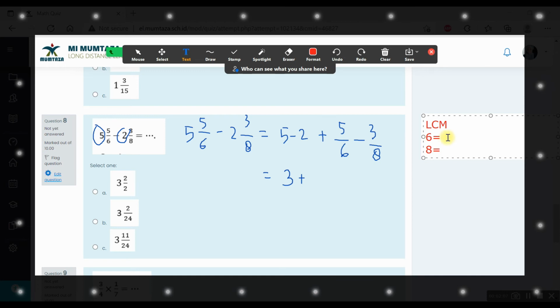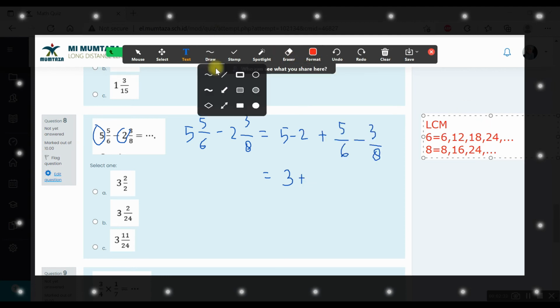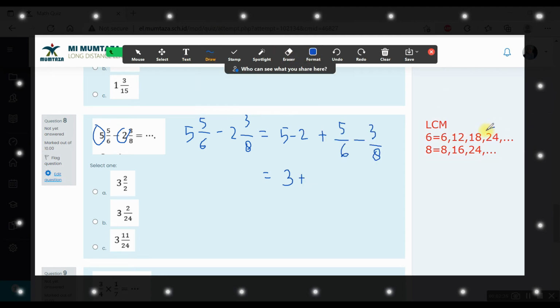The multiples of 6: 6 times 1, 6. 6 times 2, 12. 6 times 3, 18. 6 times 4, 24, and so on. The multiples of 8: 8 times 1, 8. 8 times 2, 16. 8 times 3, 24, and so on. So we find the LCM is 24.